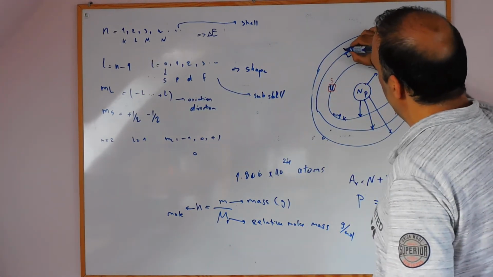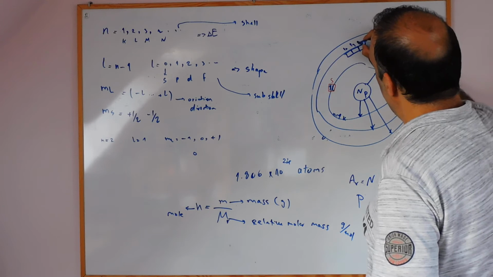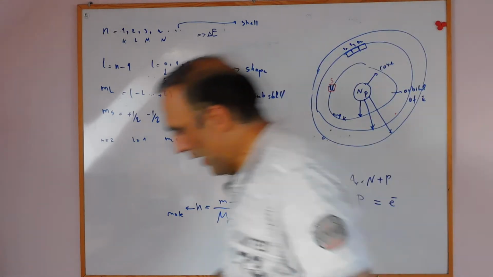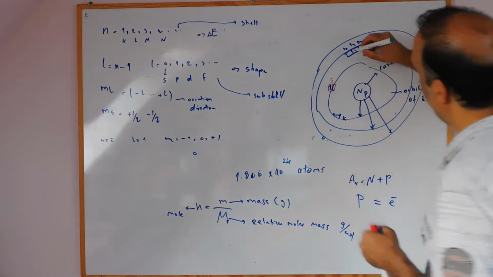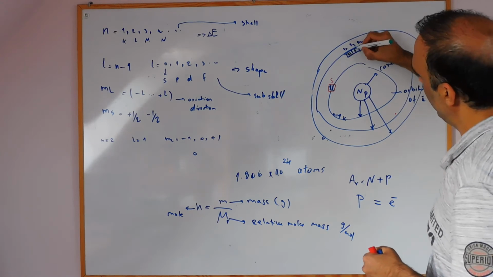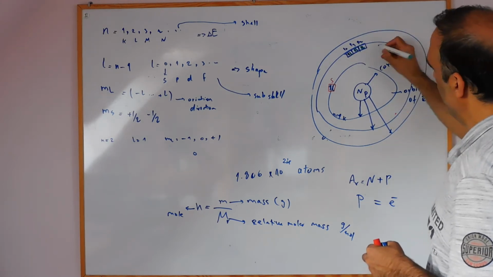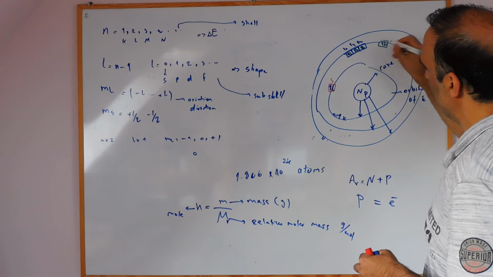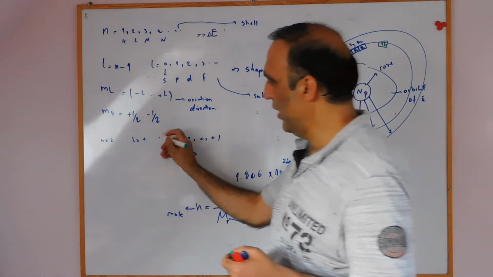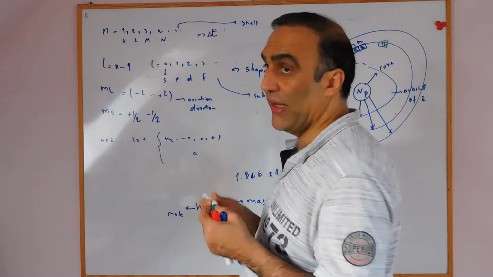We can say Px, Py, and Pz. And it has 6 electrons, plus also we have an S, because as you see here, we have 8 electrons in the second layer.